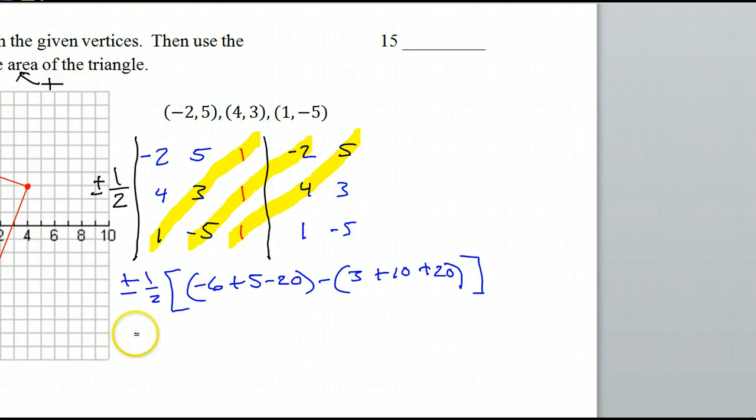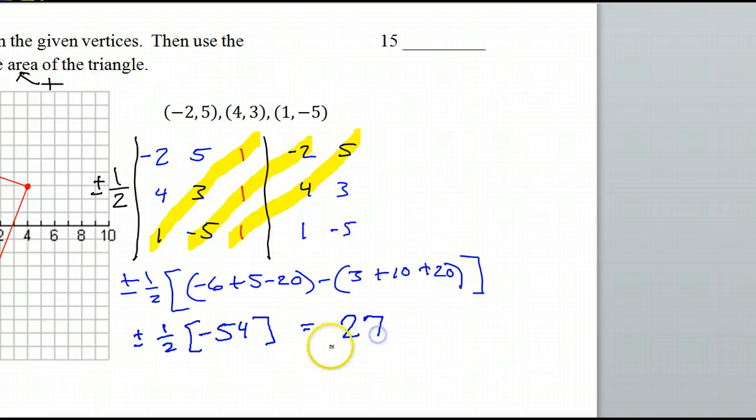Okay, so we have plus or minus 1/2 of negative 54. Half of 54 is 27. Of course we want the area to be positive, so we'll choose positive 27. So that is how you do it. All right, the answer to number 15 is 27.